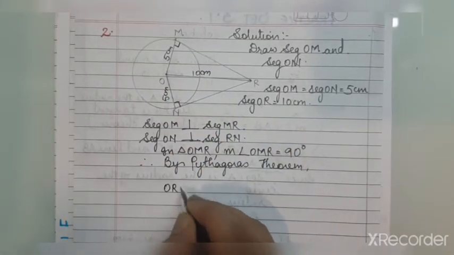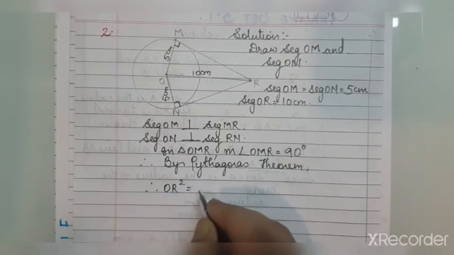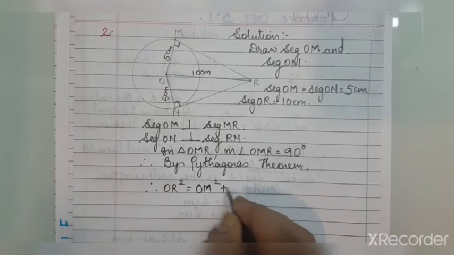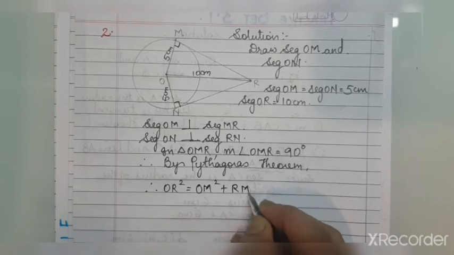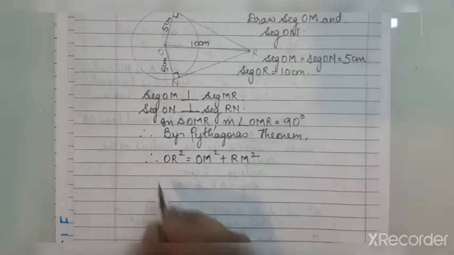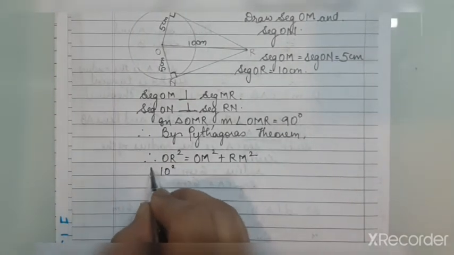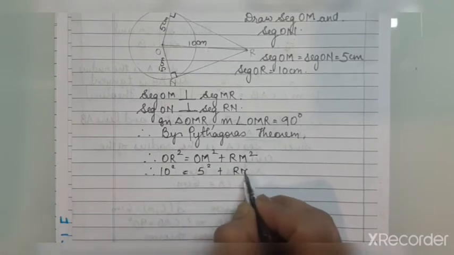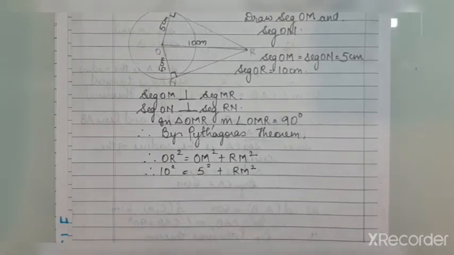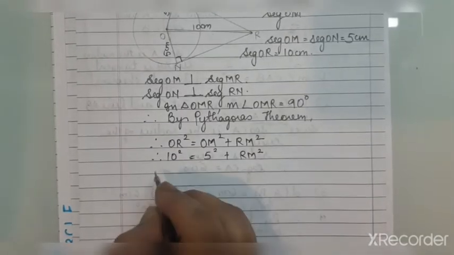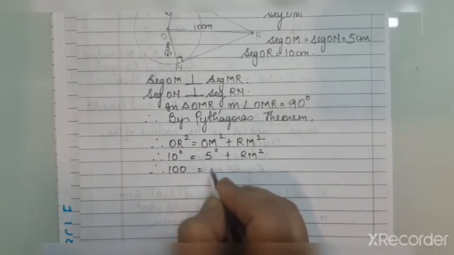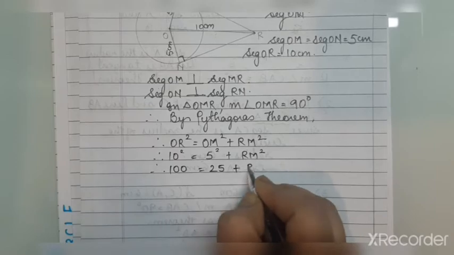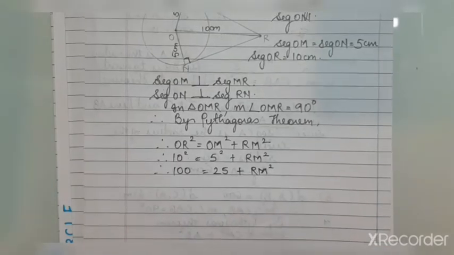We can write OR square is equal to OM square plus RM square. OR we know is 10 square, OM is 5 square, and RM we don't know, which can be found. Therefore 100 is equal to 25 plus RM square.